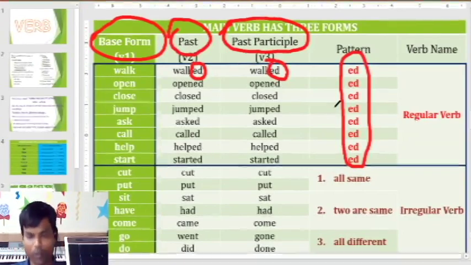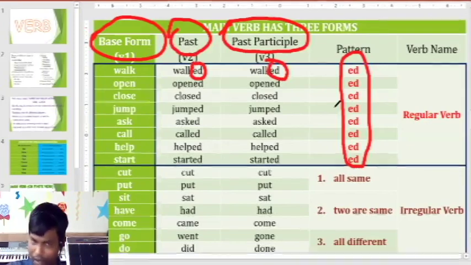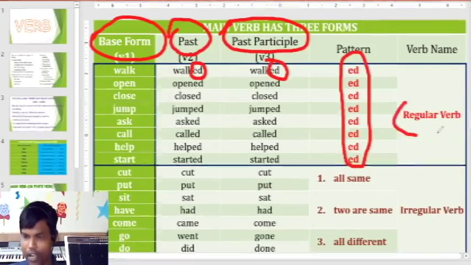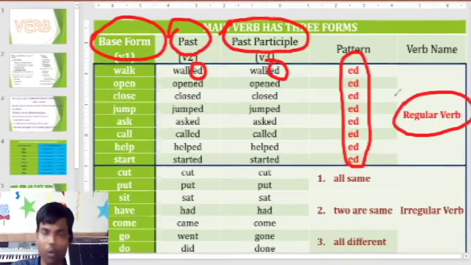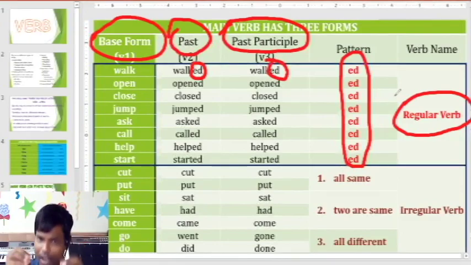And because of this regularity, there is a pattern, regular pattern, simple. Just because there is a pattern, regular pattern of framing past and past participle, we call it regular. As simple as that. There is no doubt possible. Clear? And then what do you understand by irregular? Irregular is that which does not follow this pattern.